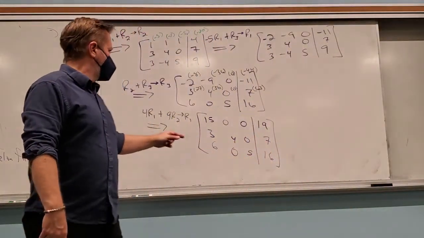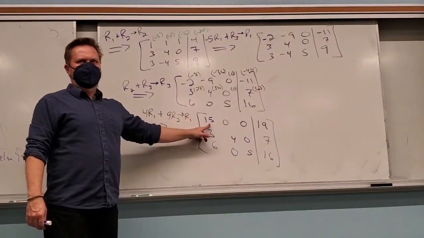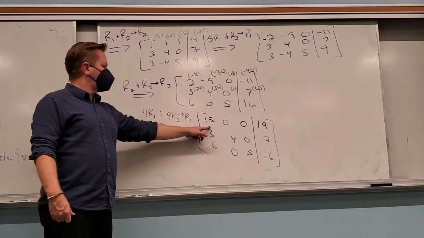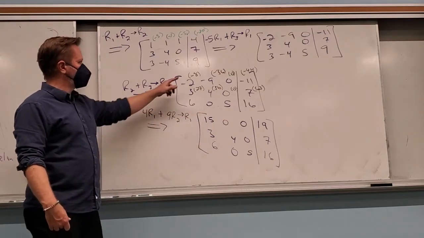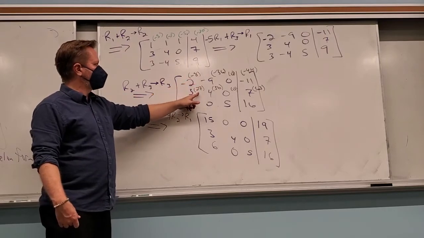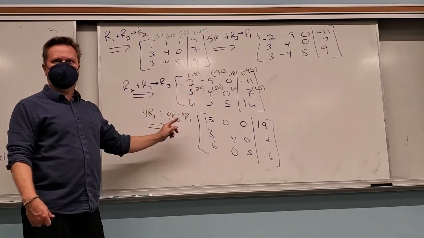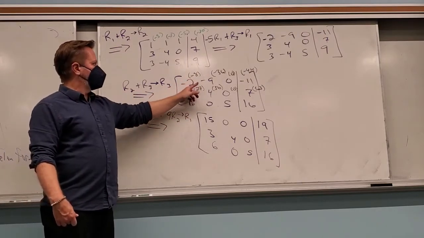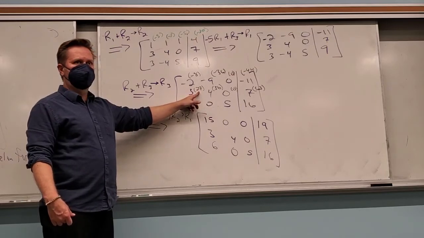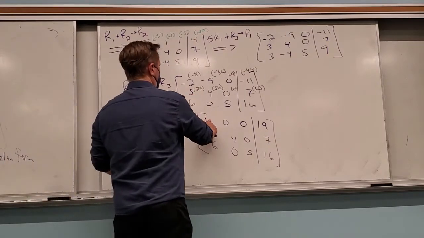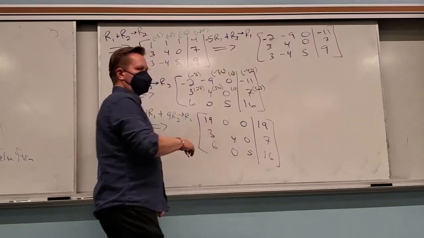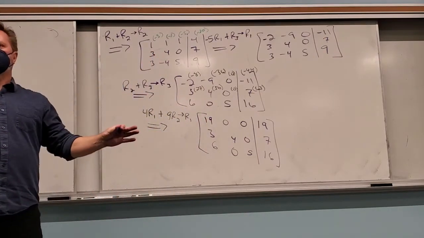Look at that number right there. What am I doing? 4 times row 1 plus 9 times row 2, correct? Are you with me? What's negative 8 plus 27? 19. Okay. All right. Good job.